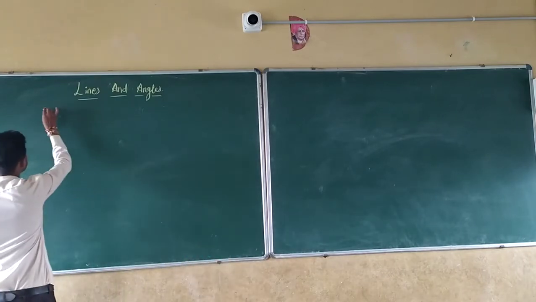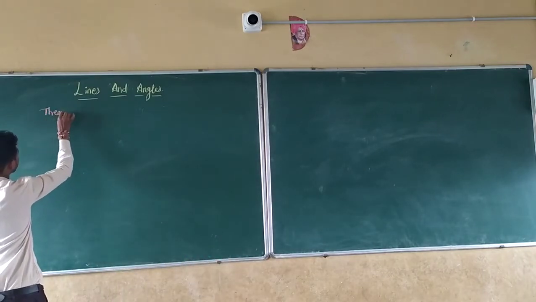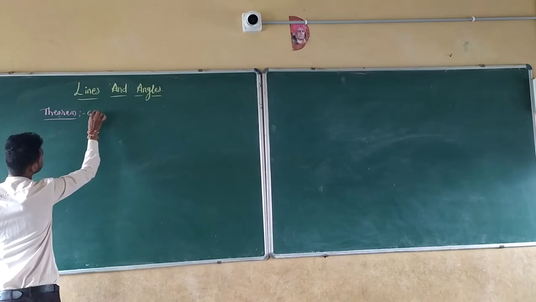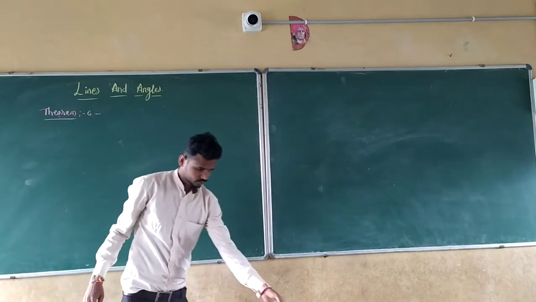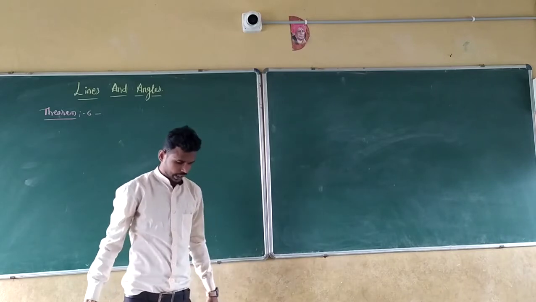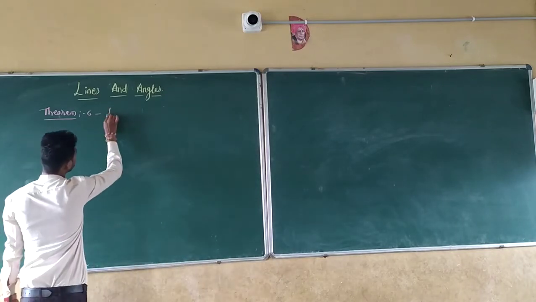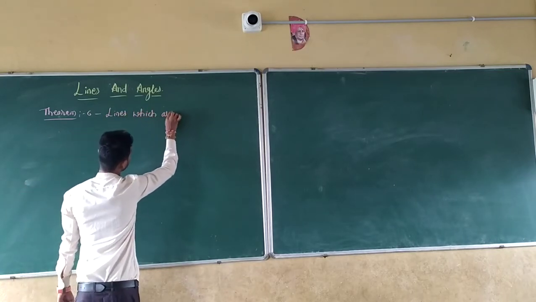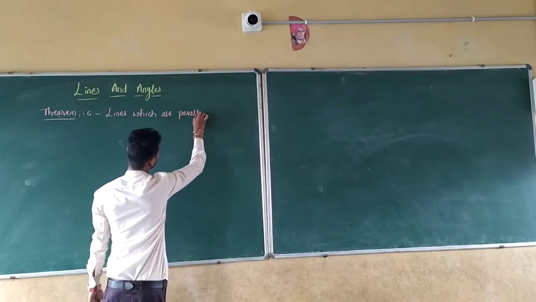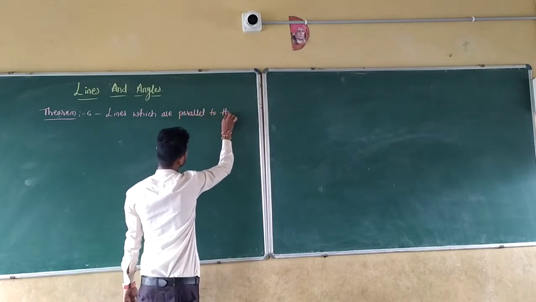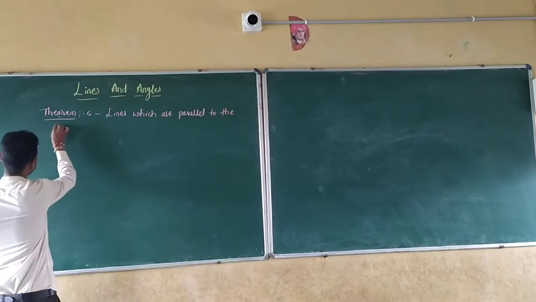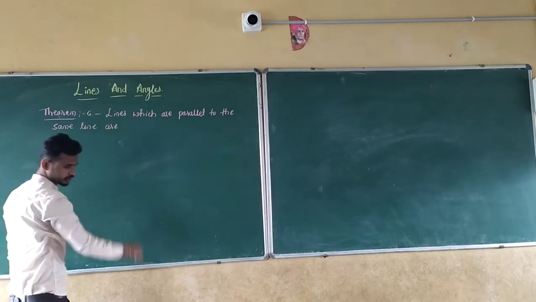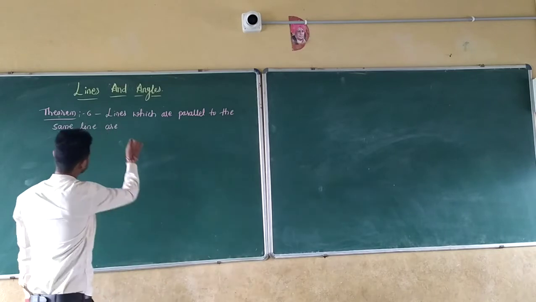So now let us see the next theorem. That is Theorem 6. What does it say? Lines which are parallel to the same line are parallel to each other.